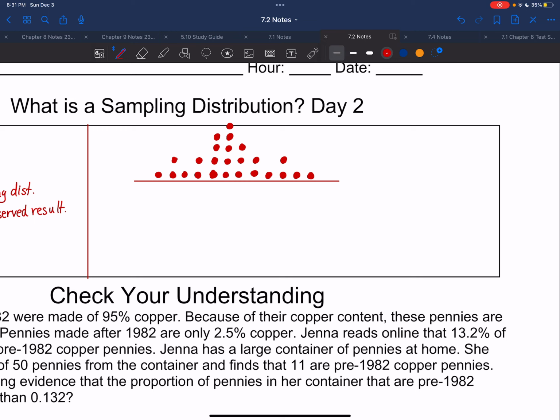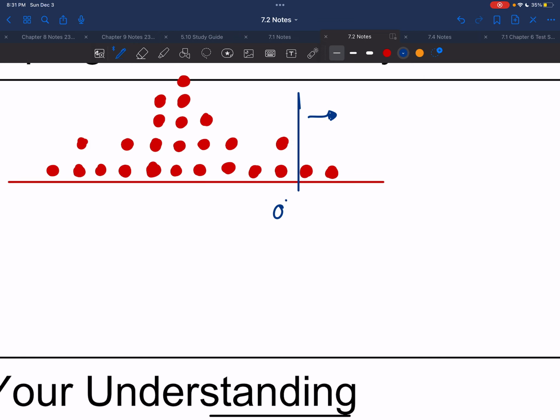Now, typically what we'll do is we'll look for that observed result. For example, let's say we want to look at, did they do better than us? So we would measure everything at and above that value. In the previous example, we were looking at and below because they did worse than us in real life, right? So we usually mark it off at our observed result.